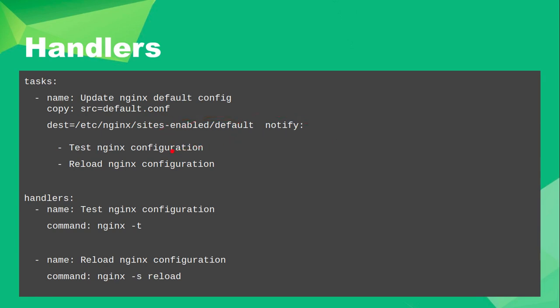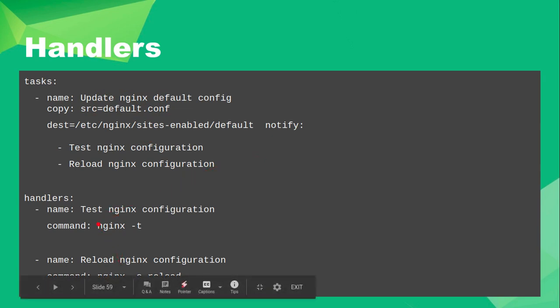And then we are just printing test nginx configuration, reload nginx configuration. Now we have a handler. What is the use of this handler? If you see inside notify, we have two tasks, test nginx configuration and reload nginx configuration. These are nothing but handlers, which we have added for this task. Once this copying is done, we'll go to the handlers and execute them.